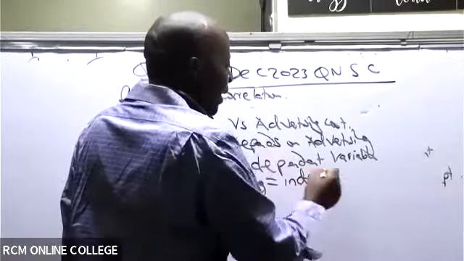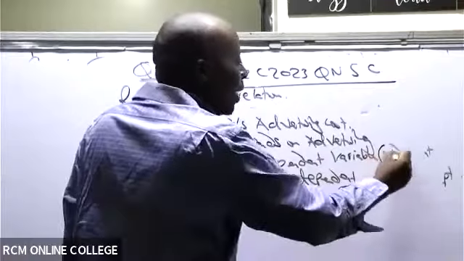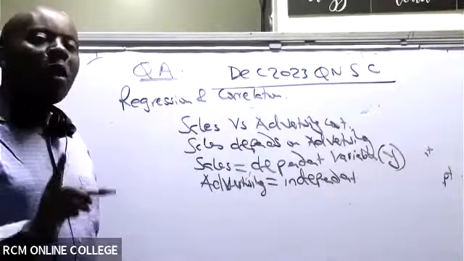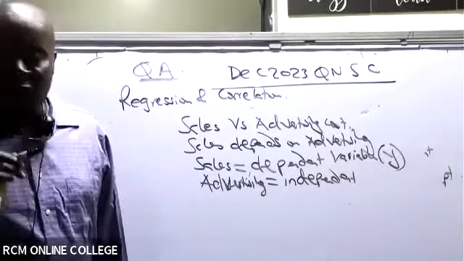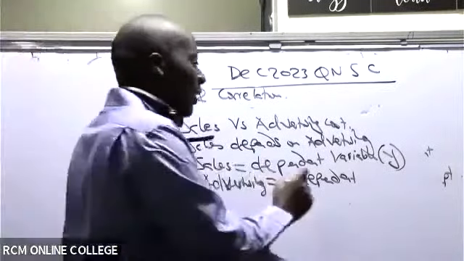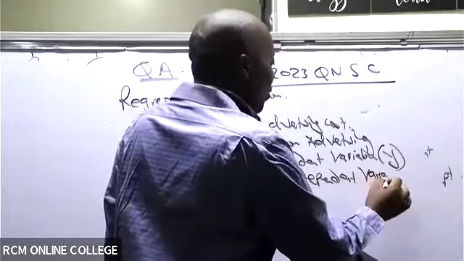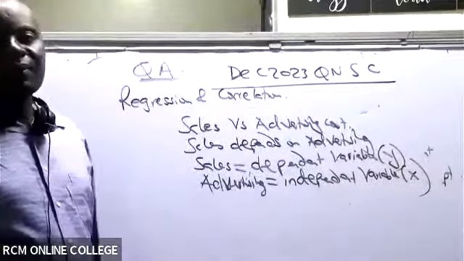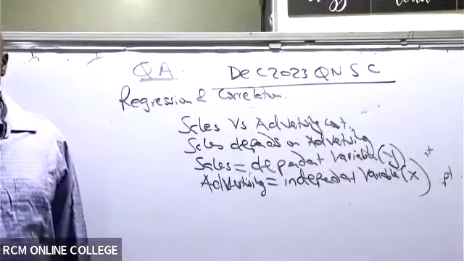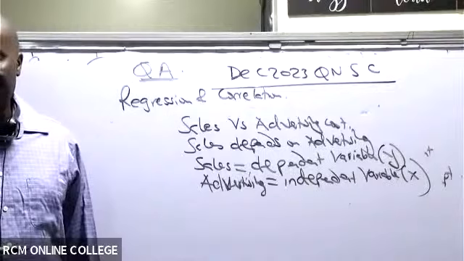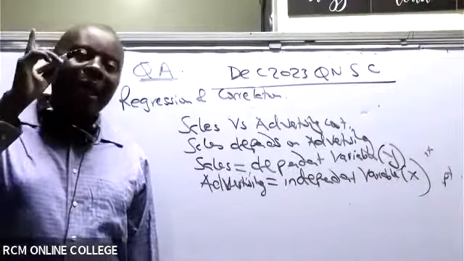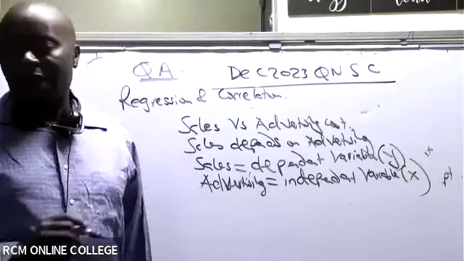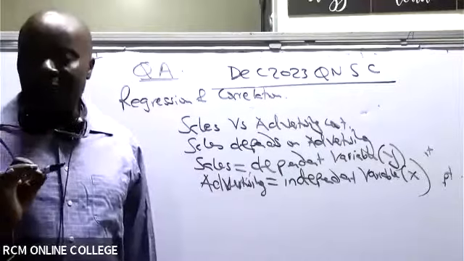Remember, the dependent variable is always your Y variable, and the independent variable will be your X. So always remember, dependent is Y and the independent is X.